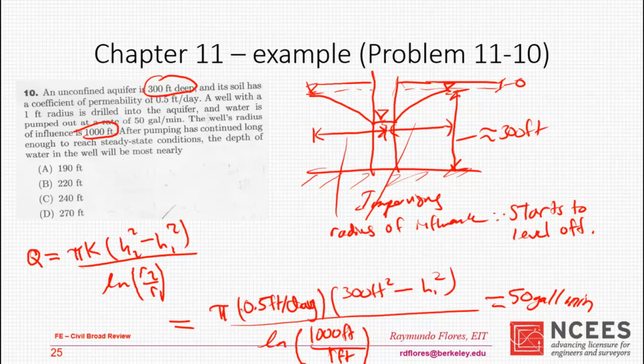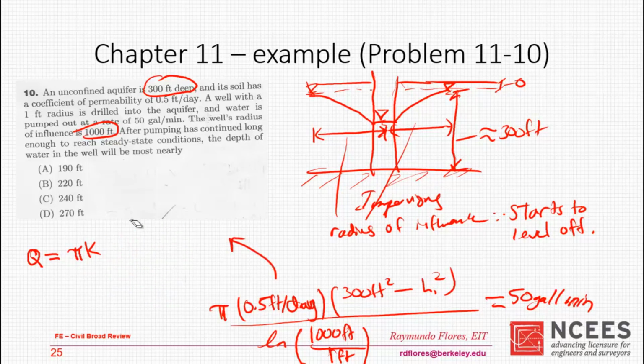Let me erase some of the stuff and arrange this. So we have to find a way to convert gallons into feet cubed, because I don't remember what that was.